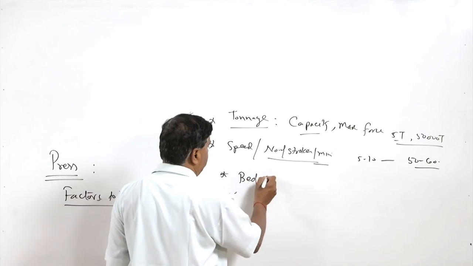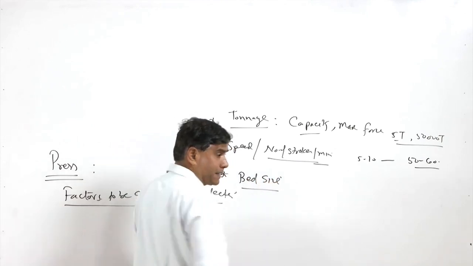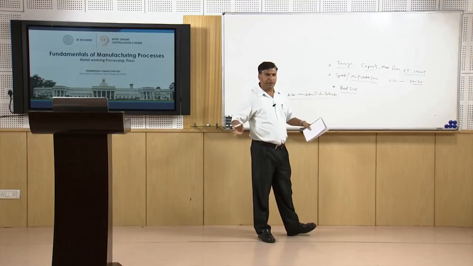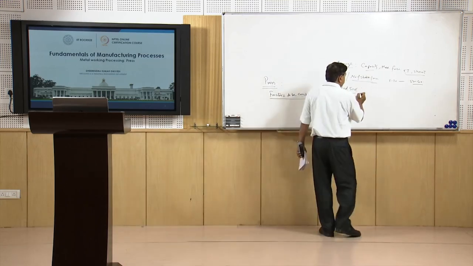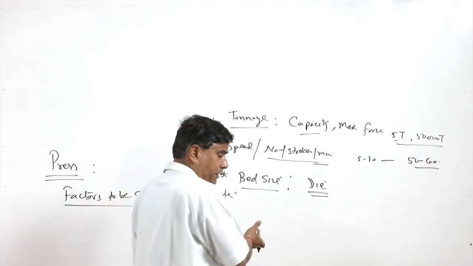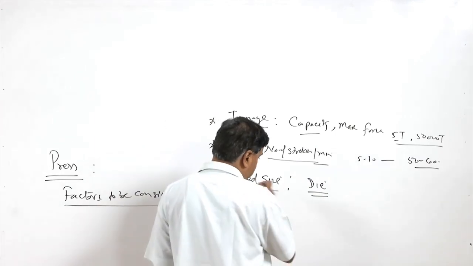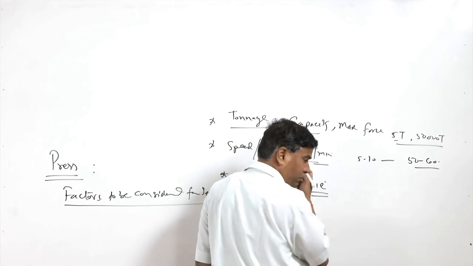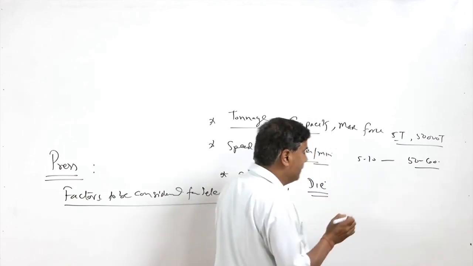Another factor is the bed size. As per the size of the job or the component which is to be made, we need to use a suitable die. The die will be placed on the bed of the press, so the press selected must have sufficient space for accommodating the die.